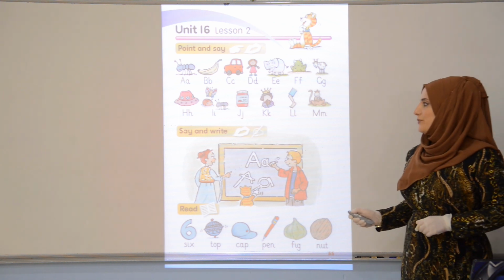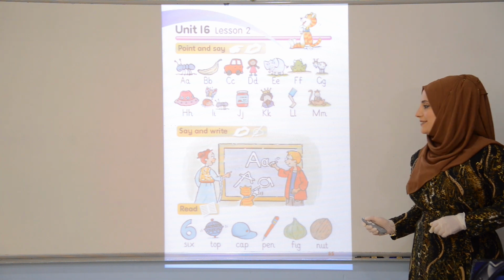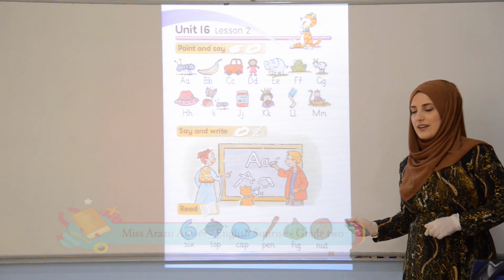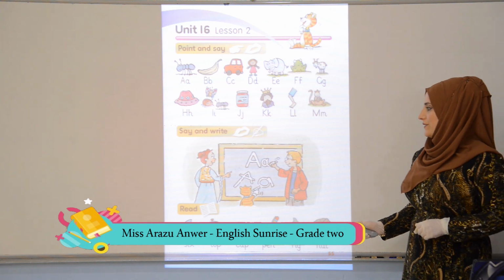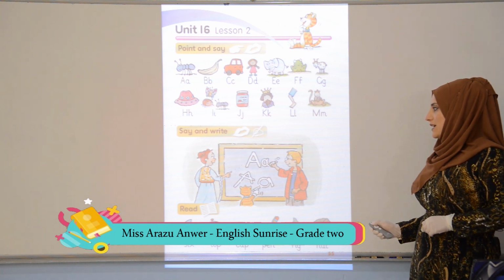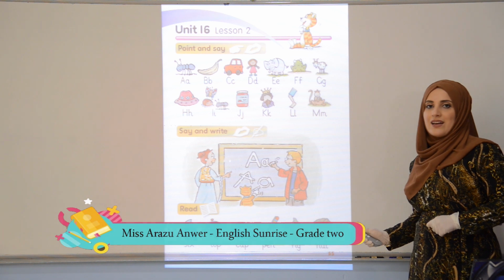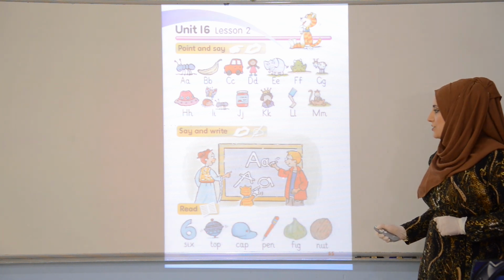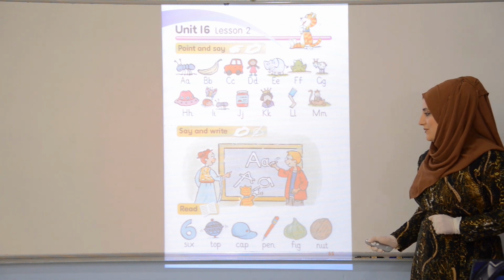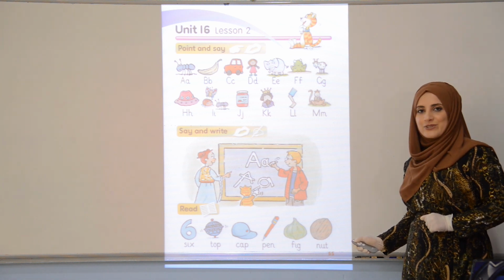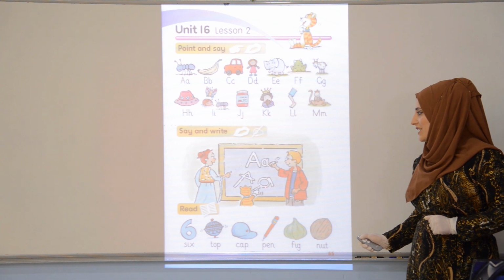Okay, student, now we have say and write. Look at Avin and Sam and Kitty. Avin, for example, says to Sam, Sam, write down A. Here it is, capital A, small a. And also look at Kitty. Kitty is also writing capital A and small a.